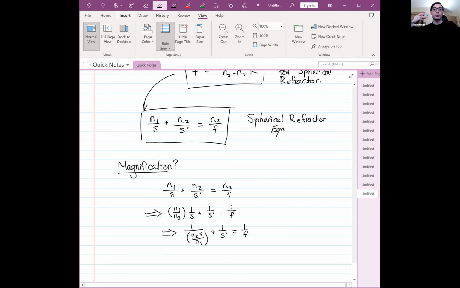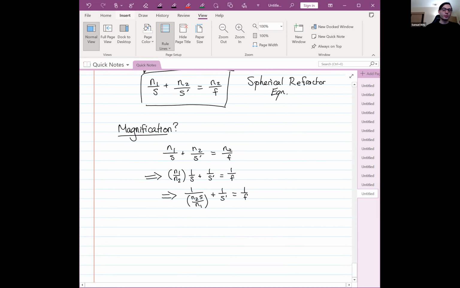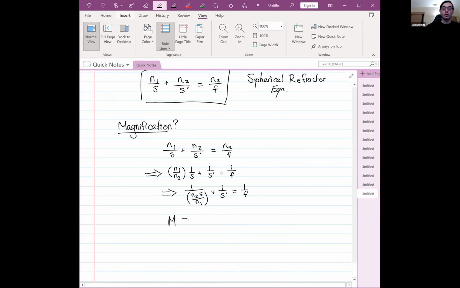The resulting image for a spherical refractor with an object located at s would be at the same place as if you had a spherical reflector with the same focal length and an object located at position n1s over n2. And so we can actually steal what the magnification was. We know the magnification for a spherical reflector is negative s prime over s.